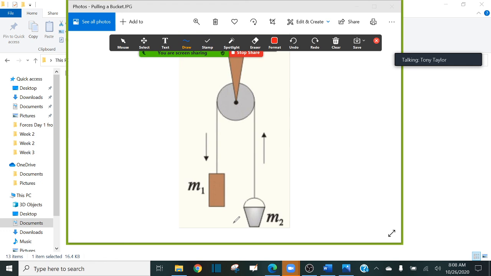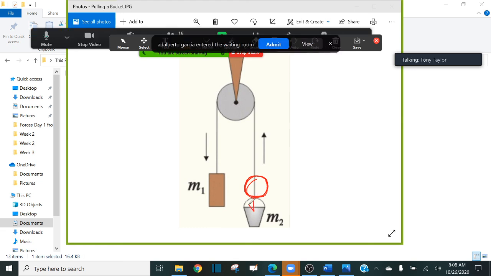Keep in mind though that we can get an idea of what's happening with various objects that make up our system if we consider Newton's third law. For example, we know that not only does the rope pull on the bucket, but the bucket also pulls on the rope. If I just focus on this part of the rope right here, there's clearly a force of tension from the bucket pulling on the rope, and that force looks like this.